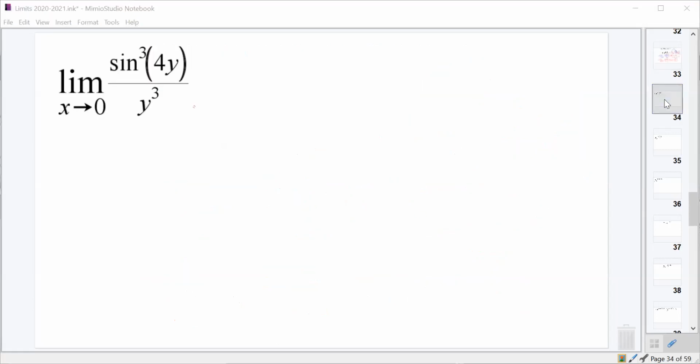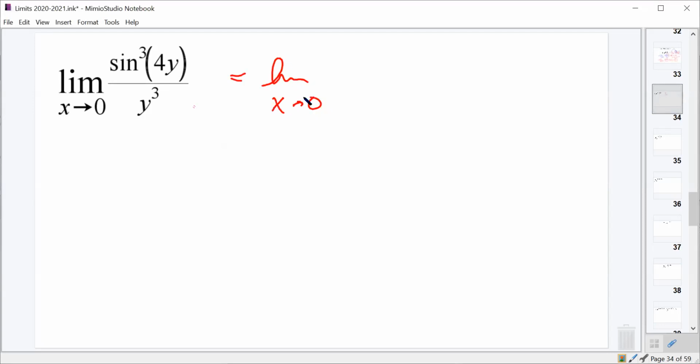So let's take a look at this one. We could move the third power from the sine outside of it, so it would be like sine of 4y and then all of that to the power 3, and we could cube root it maybe.